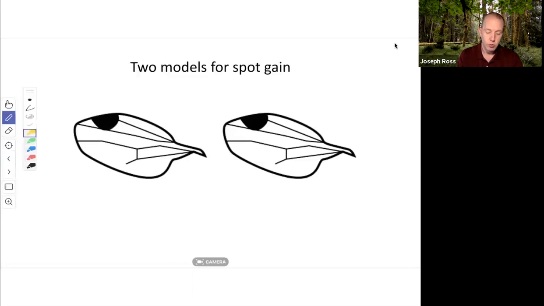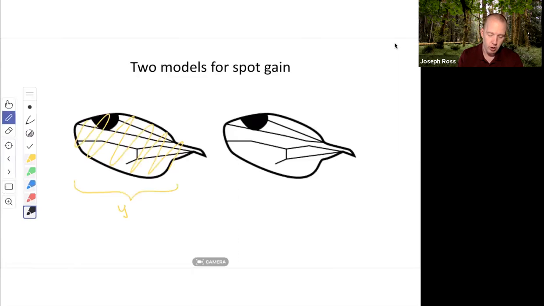There are at least two, maybe more, models of what might be happening in the wing of the Drosophila to produce this particular spot. So one possibility is that yellow, which again we're calling lowercase y, is produced everywhere in the wing of the fruit fly.